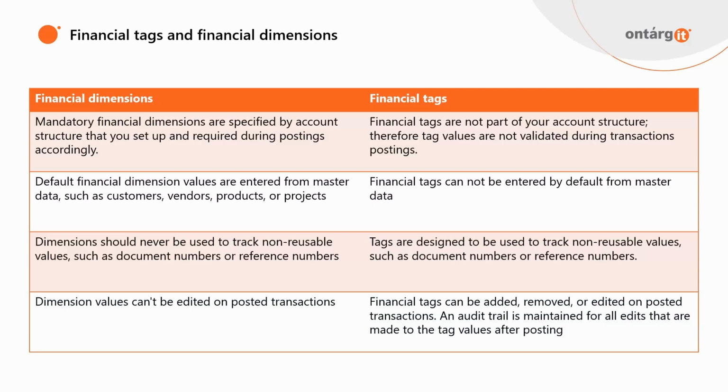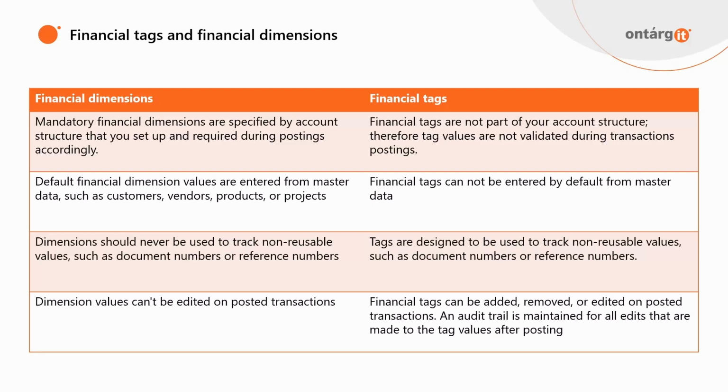Moreover, in the current version, financial text cannot be entered by default from master data, for example, from customer or vendor record, whereas default dimensions values are entered from master data such as customers, vendors, products, or projects. Also, default trial balance and some other reports in finance are not designed to show data in the context of financial text. So, what are the benefits of using financial text?